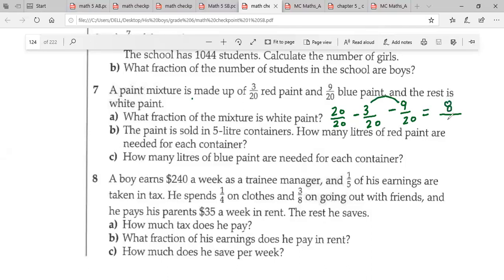So 8 out of 20. The first answer, the fraction of the mixture that is white paint, I just write as 8 out of 20.